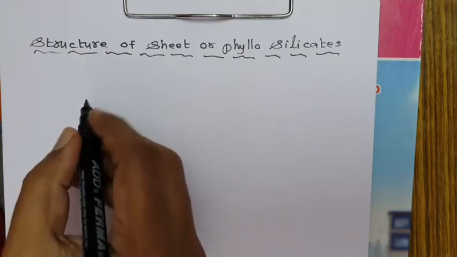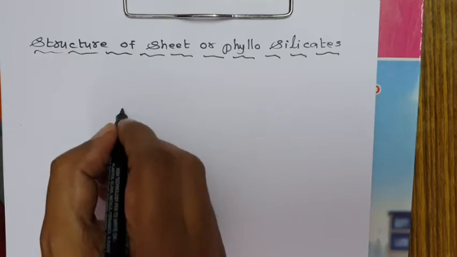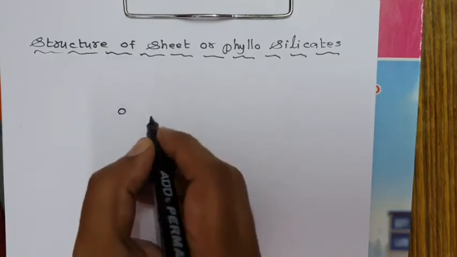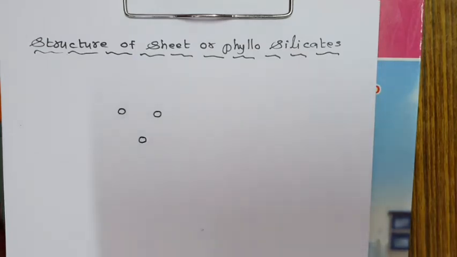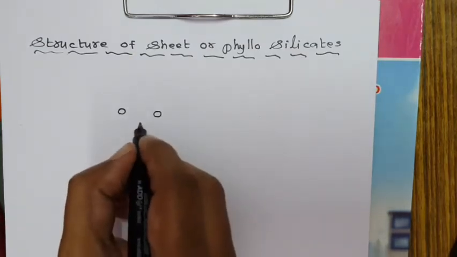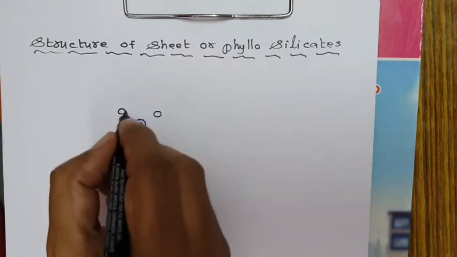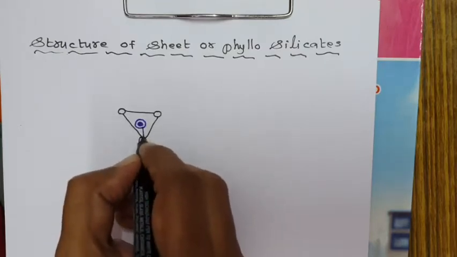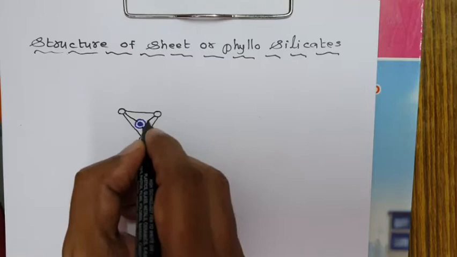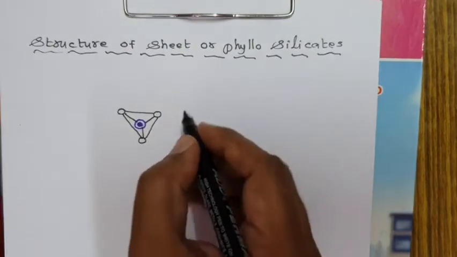One SiO4 4- ion: oxygen, then oxygen. At the center we know one silicon atom is surrounded by oxygen. So when you join all four oxygen atoms with the center silicon atom, you will get one SiO4 4- ion.